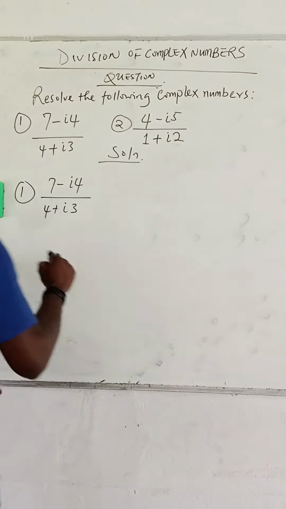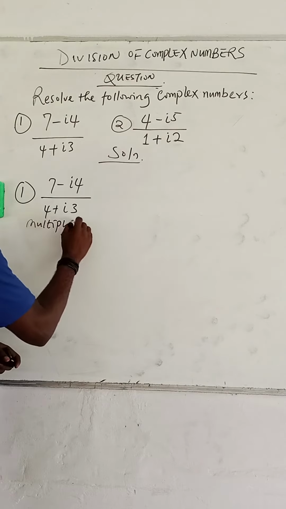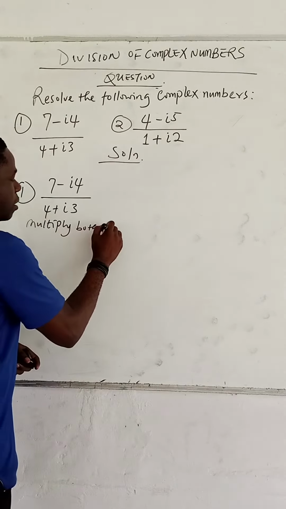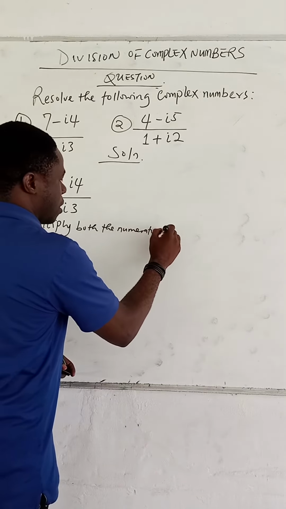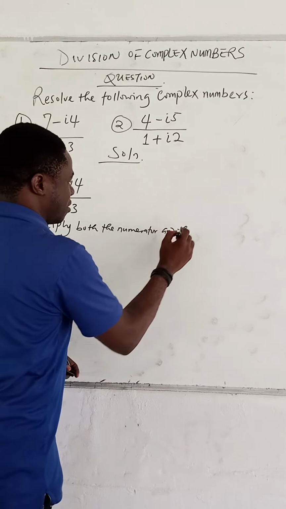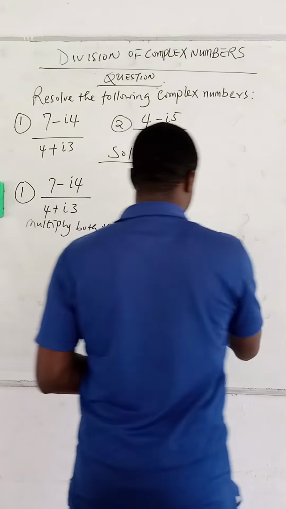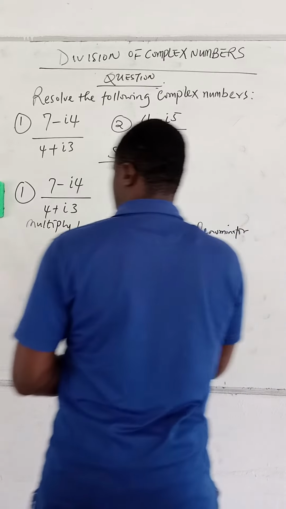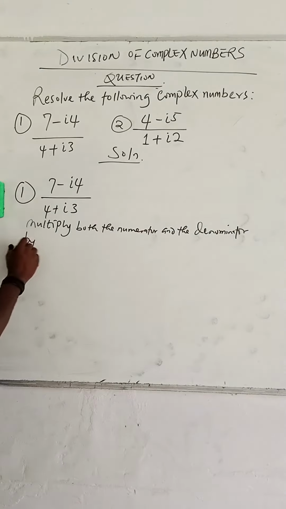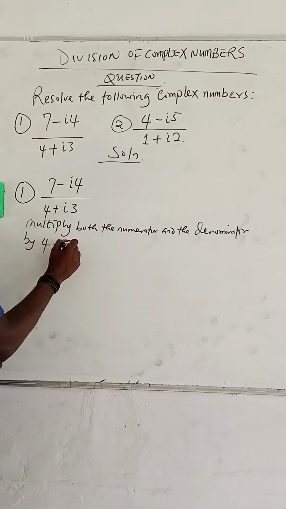So we are going to multiply both the numerator and the denominator by the conjugate of this, which is 4 minus I3.